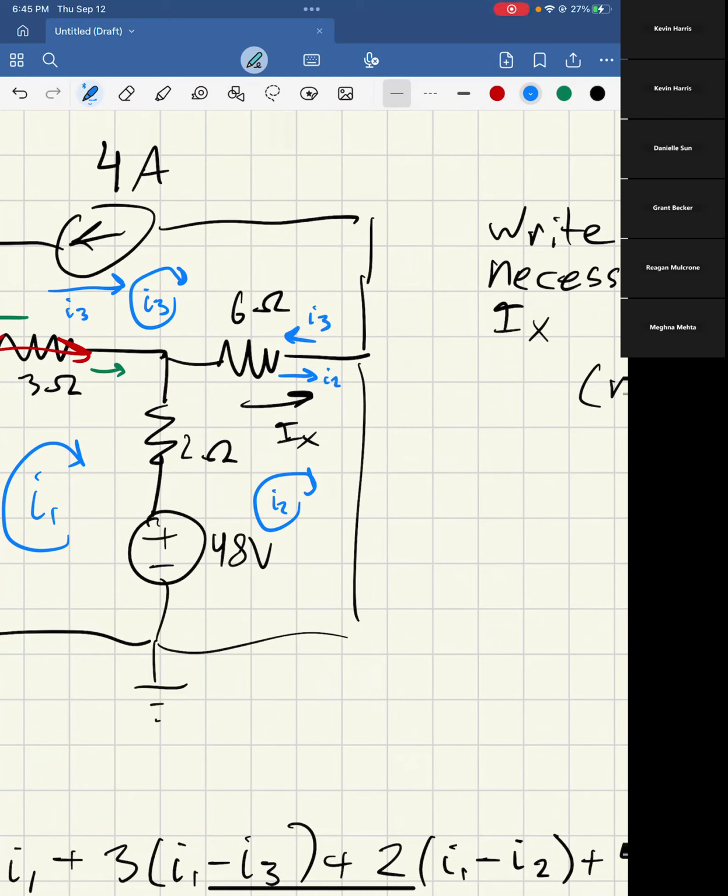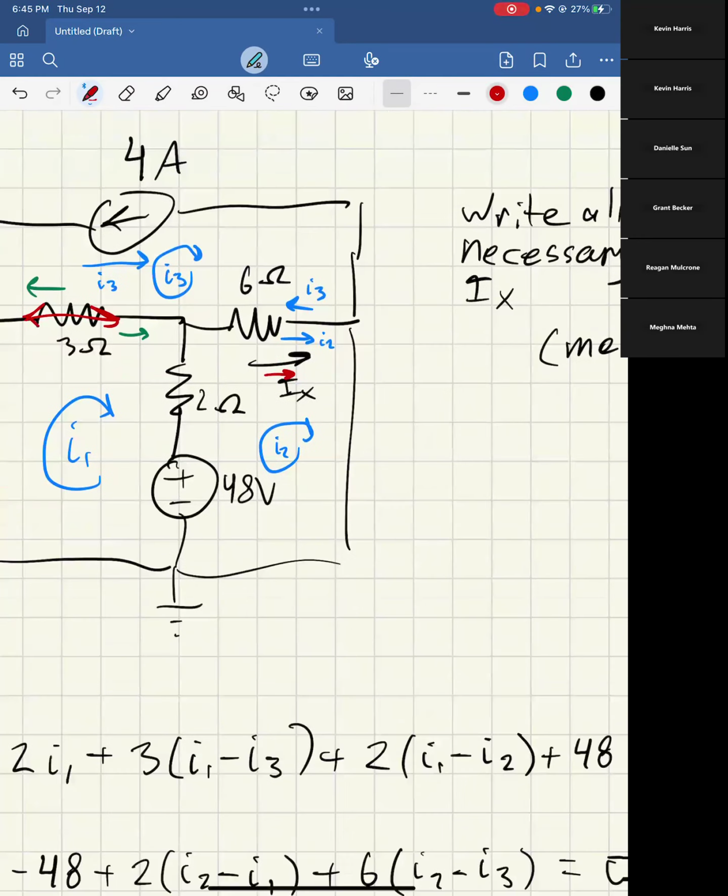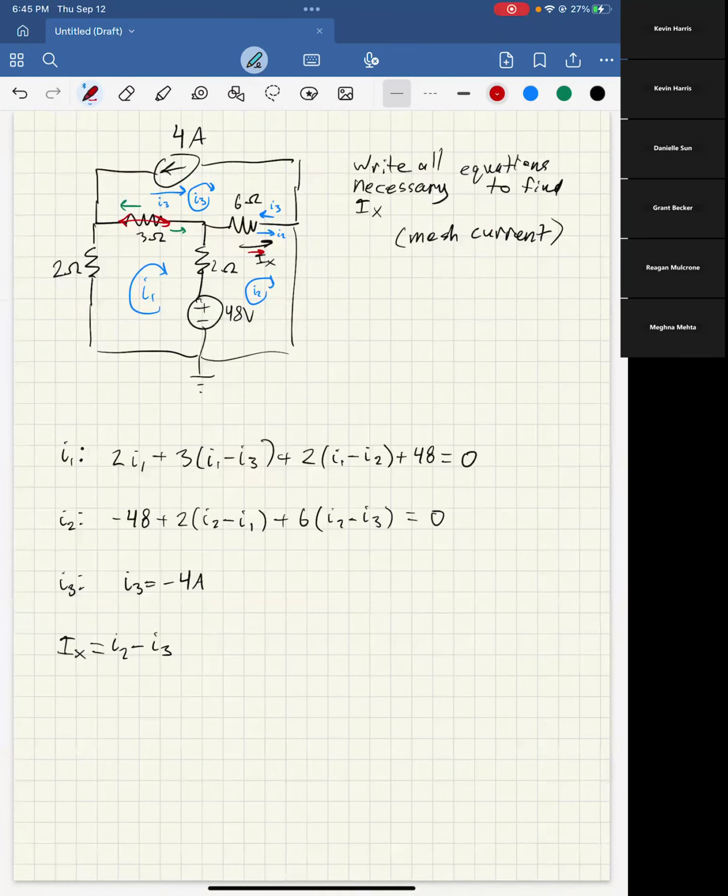Since the Ix we're talking about is going to the right, we're looking from the perspective of I2. So I2 is positive, I3 is negative, and that would be your equations.